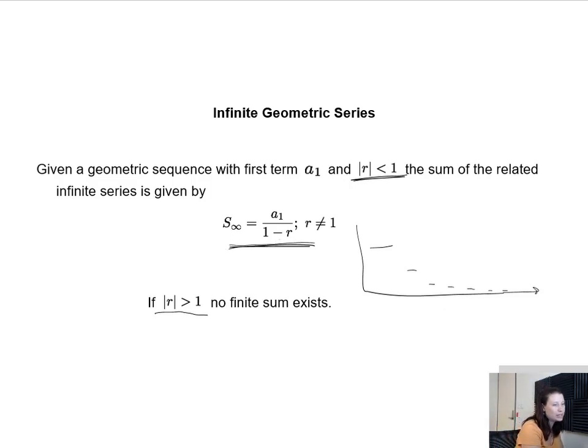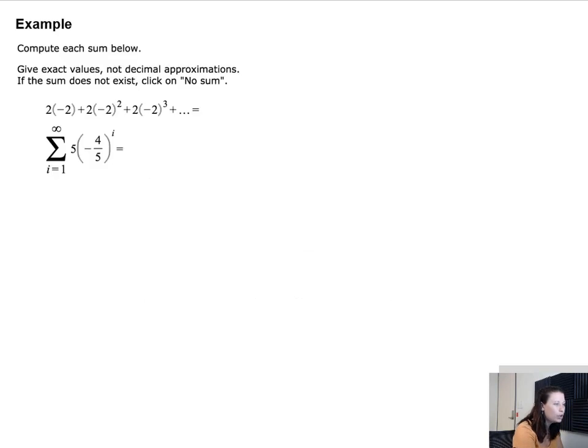So let's practice with this. So this time, when it's infinite sum, we just take a1 divided by 1 minus r. We don't have that 1 minus r to the n term anymore in the numerator. All right, so these are infinite because, look here, we have the ellipsis that just says dot, dot, dot, okay, and forever, right?